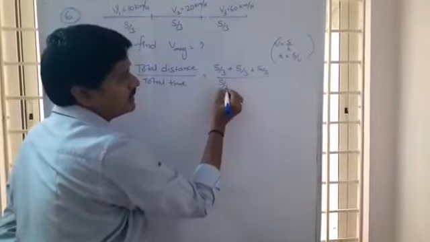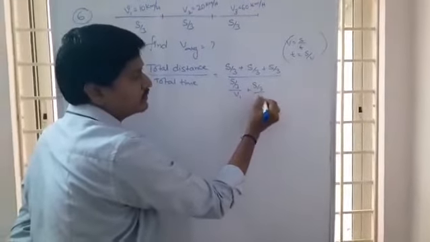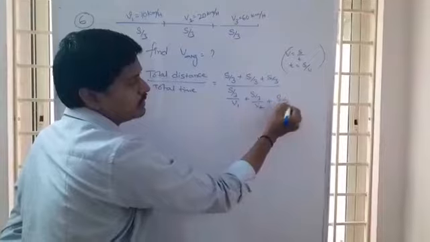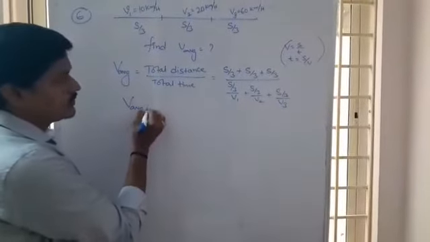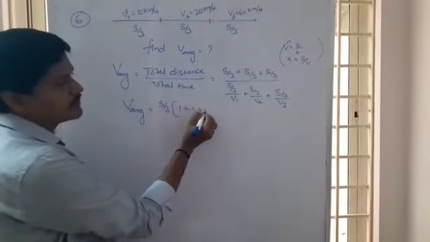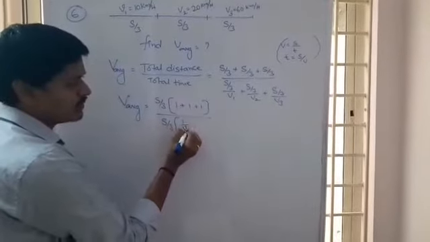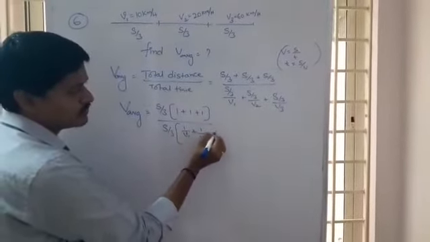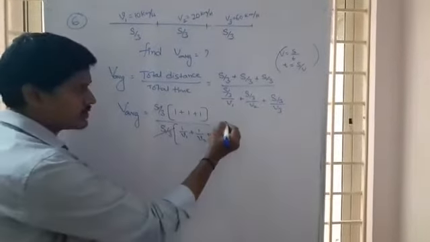Therefore s by 3 by speed v1, s by 3 by v2, s by 3 by v3. Right? Average speed is equal to s by 3 take common: 1 plus 1 plus 1, divided by s by 3 take common: 1 by v1 plus 1 by v2 plus 1 by v3. So s by 3 gets cancelled.